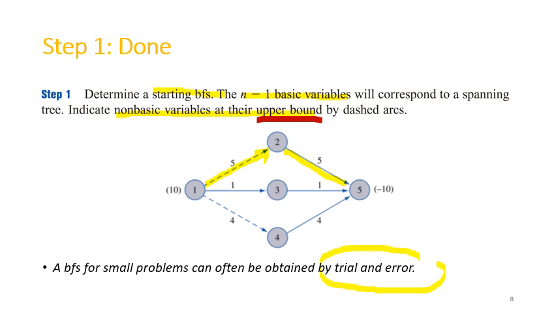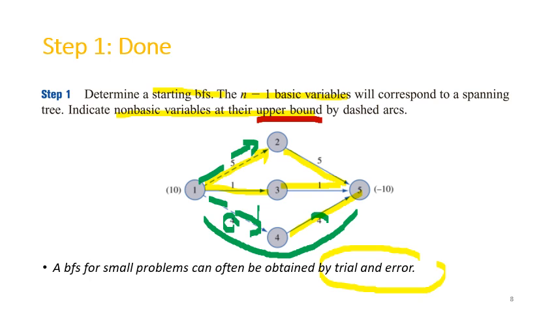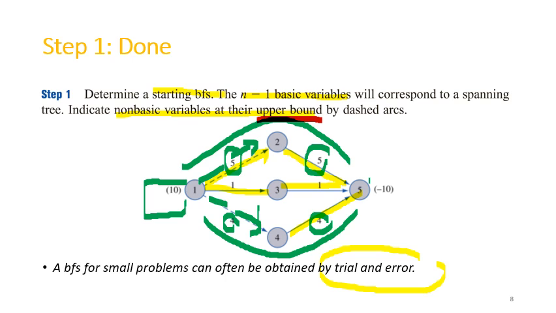So you really need to think, okay, let's try to make a tree, and then think about which non-basic variables are at the upper bound, such that you still have the tree that you want, but all the non-basic variables at the upper bound also match the flows that should go from here, like 4 to there, 4 and 4, then from here to there, 5 to 5, and also satisfy that the net supply of node 1 is 10 and the net supply of node 5 is minus 10, which means that node 1 must send out 10 items, and node 5 must receive 10 items.